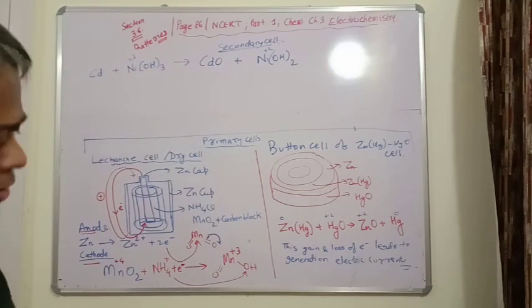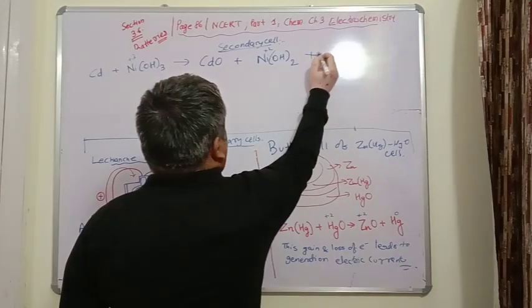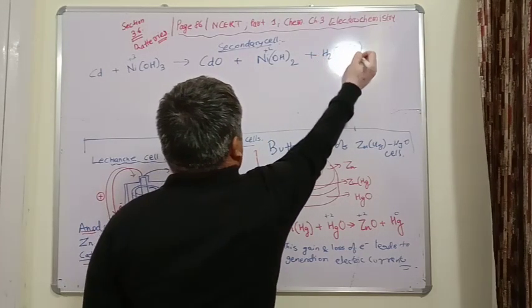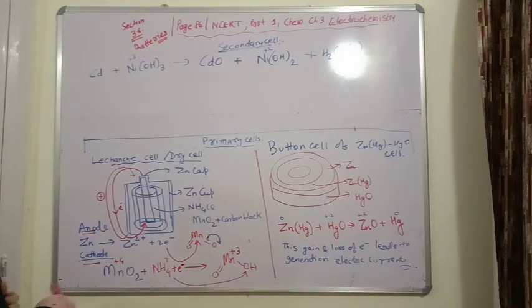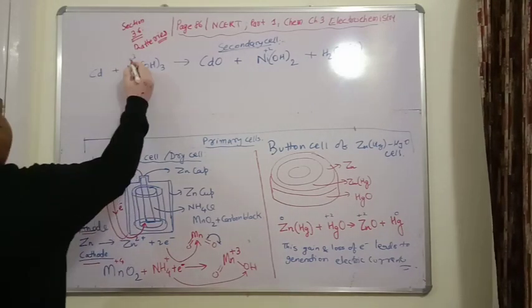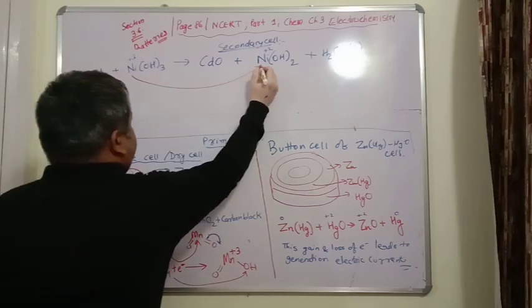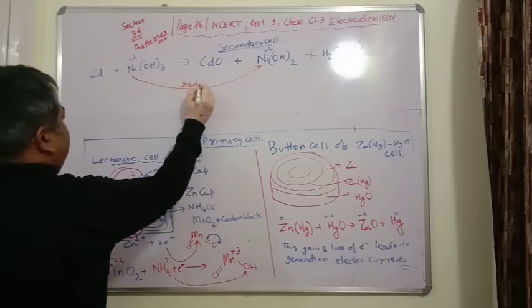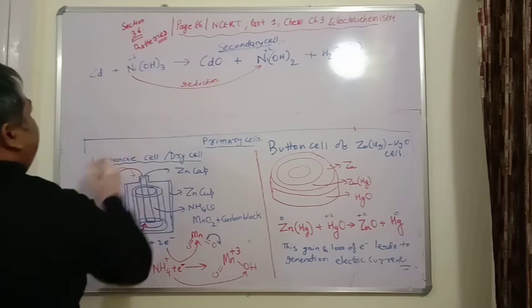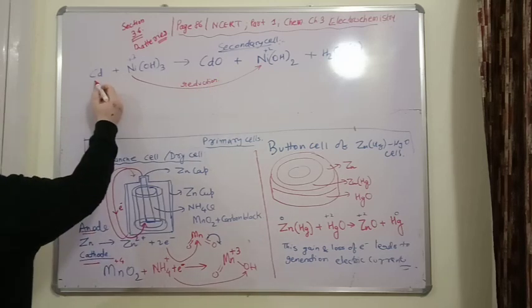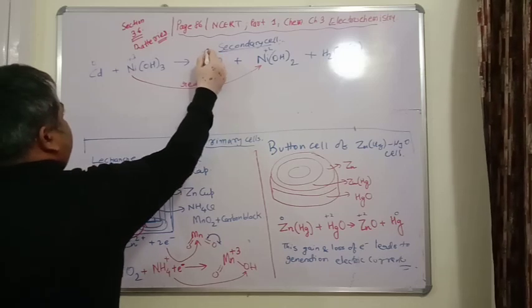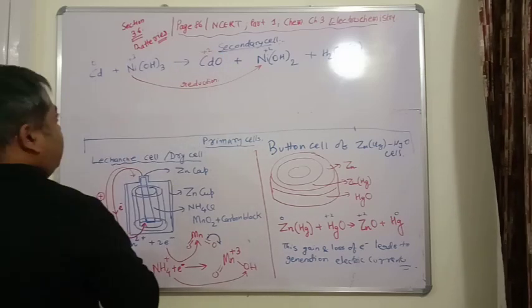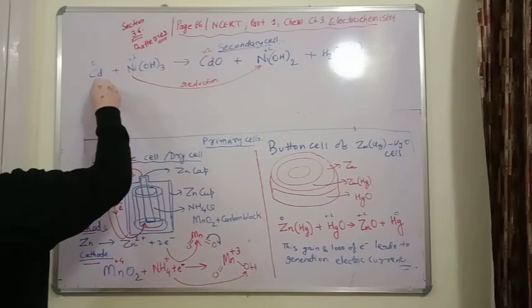And if we balance this redox reaction, one water will come out. So we can just practice and keep it in mind to not waste time and to write it in the exam when it comes. So simply what is happening is the +3 state is reducing to +2 state. This is a reduction. And 0 state is becoming +2 state. So this is oxidation.